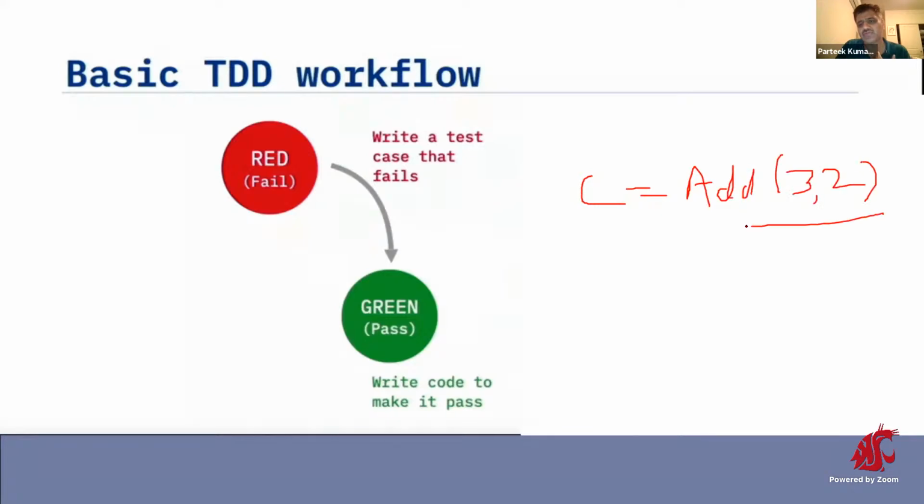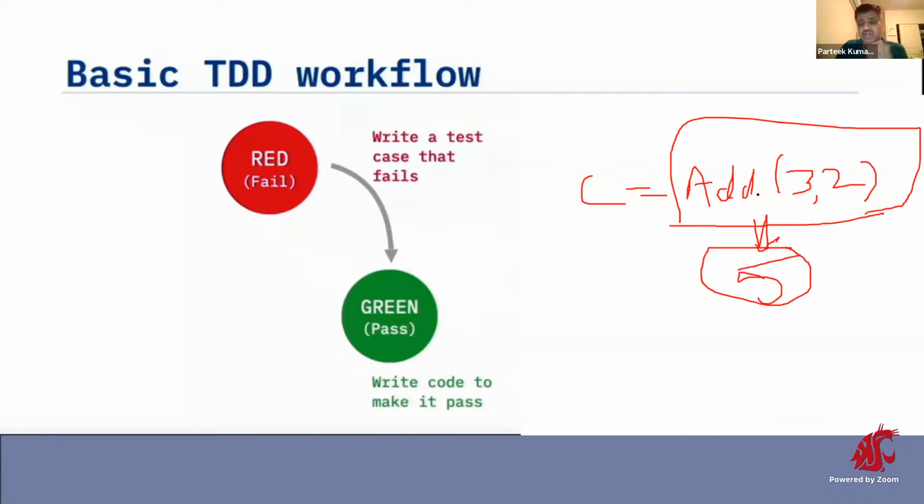You know that if you write this, the expected output should be 5. So you will be comparing this expected output with the actual output. You just write various test cases and check that the output of this should be 5. So we first write the test case, and then we write the code to pass that test case. We write the function body of that function so that the output should be 5.